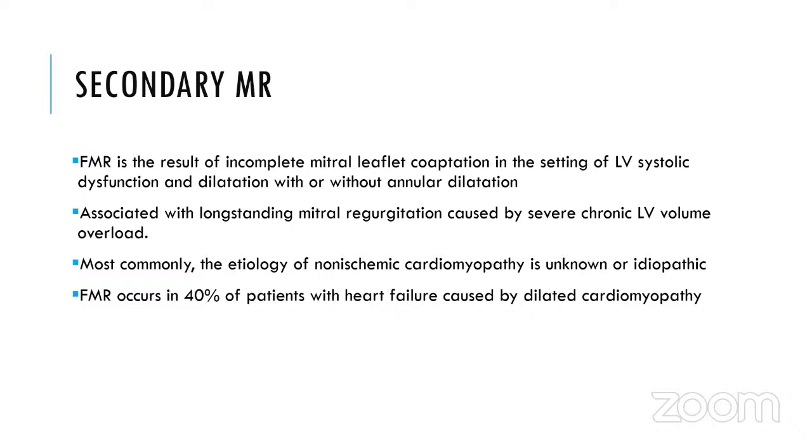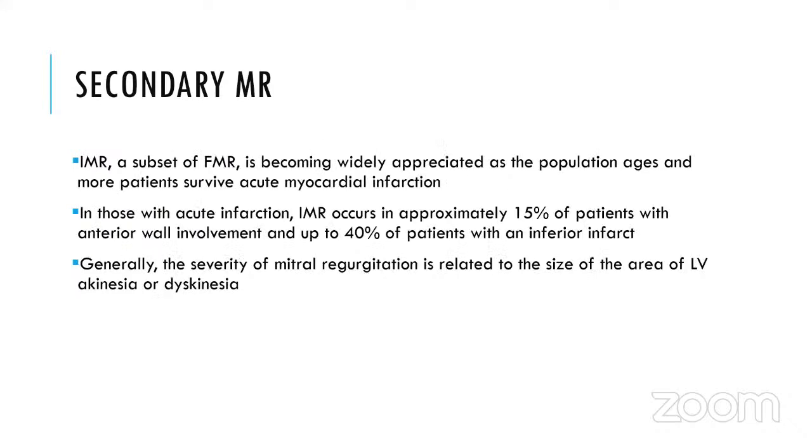It is associated with long-standing mitral regurgitation caused by severe chronic LV volume overload. Most commonly, the etiology is non-ischemic cardiomyopathy, which is idiopathic. Functional MR occurs in about 40% of patients with heart failure caused by dilated cardiomyopathy.